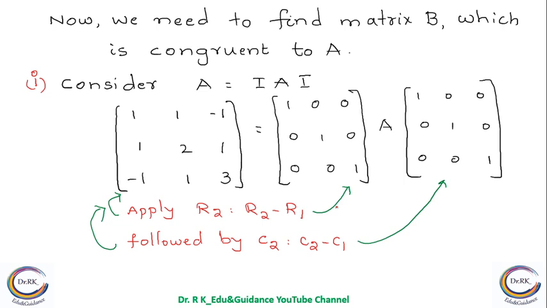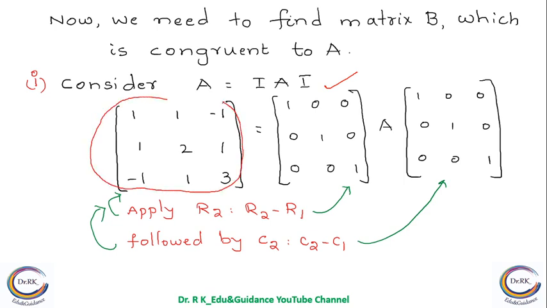For this we need to find a matrix B which is congruent to A. So what we have to do is take the transformation A equal to IAI. After taking this, by applying row as well as column transformations, we have to convert this into a diagonal matrix.